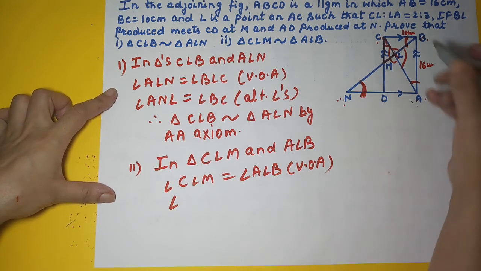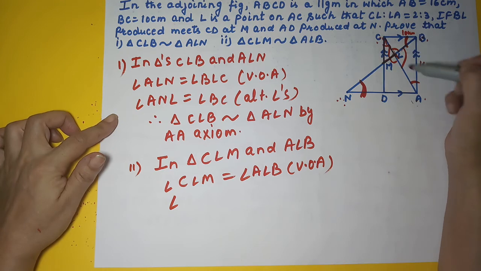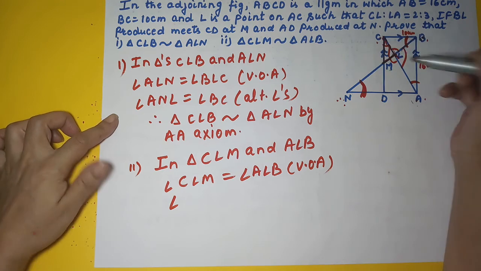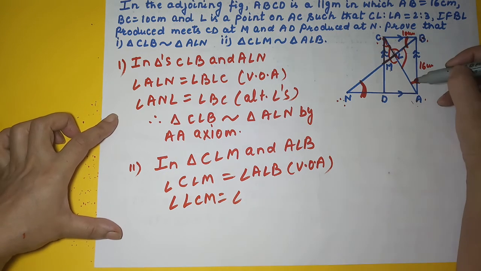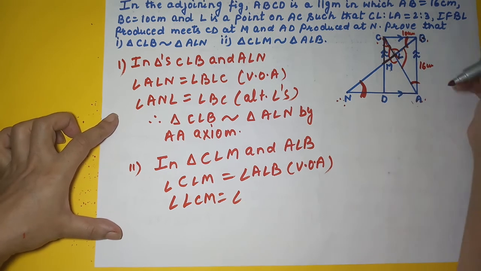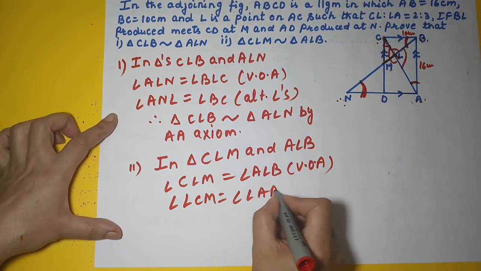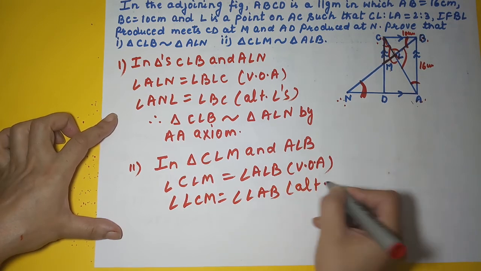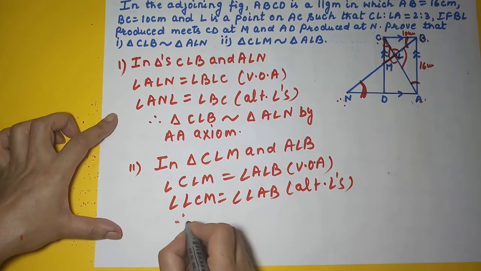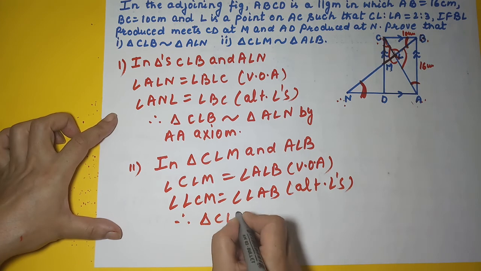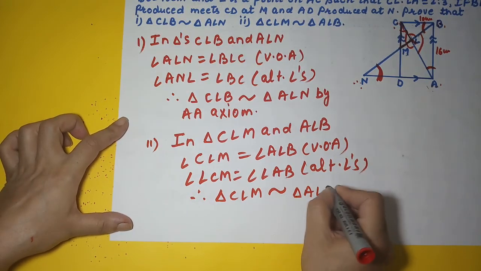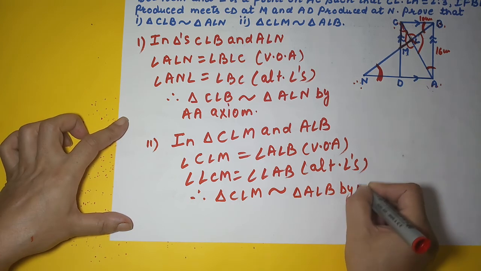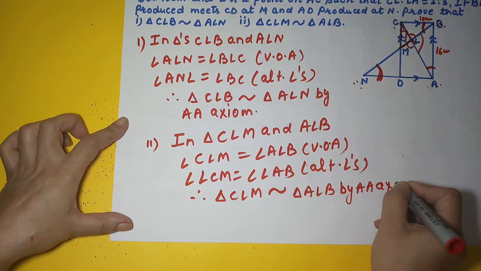And angle LCM is equal to angle LAB. Reason? Alternate angles. Therefore, triangle CLM is similar to triangle ALB by AA axiom.